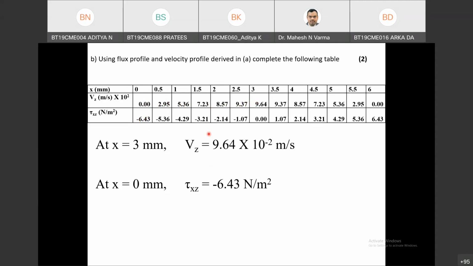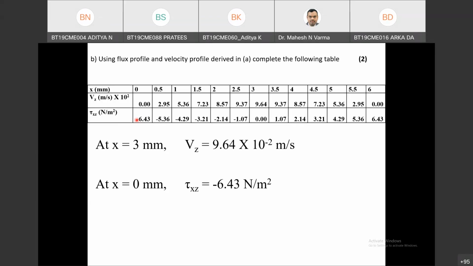So this negative sign indicates... Sir, decrease in velocity, like decrease in tau. What is the indication of this negative sign? This is told so many times.